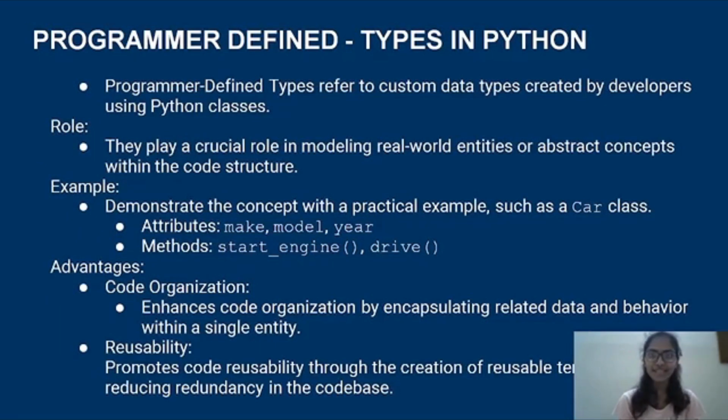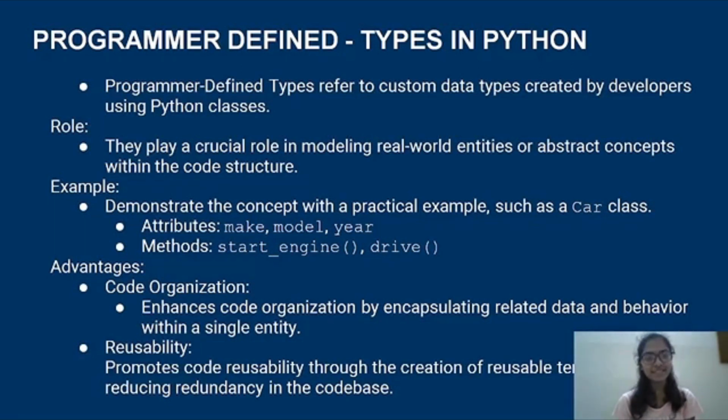Coming to programmer defined types in Python, they refer to the custom data types created by developers using Python classes, and hence they play a very crucial role in modeling real world entities or abstract concepts within the code structure. For example, attributes such as make, model, year, and methods such as start engine and drive.